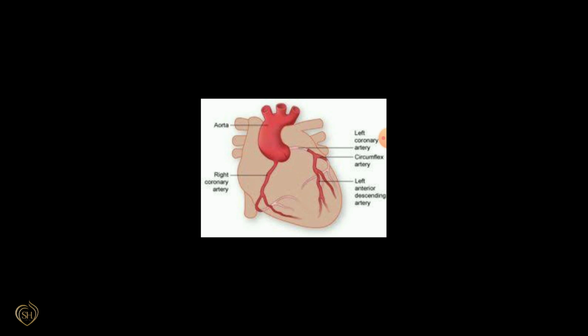Then we can discuss the valves of the heart. What is the role of valves? The valves regulate pumping of blood from auricle to ventricles and ventricles to blood vessels. It also prevents the reverse flow of blood.